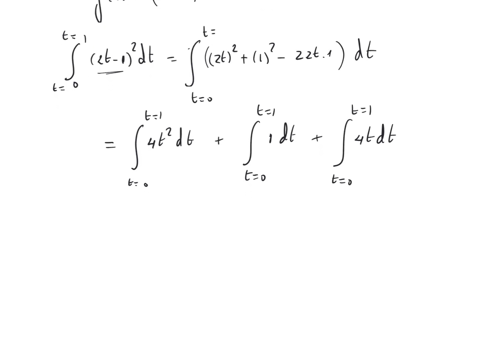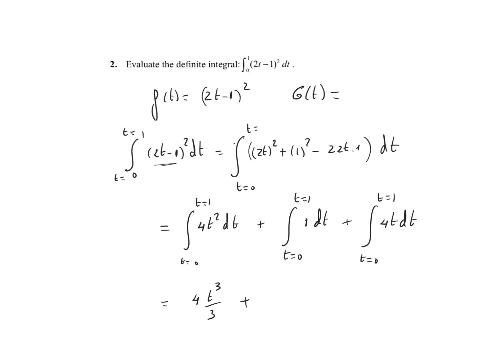And what will be this integral? It will be 4t cubed divided by 3 plus c. I will not write the c. So this problem I leave you to do. It's an easy problem.